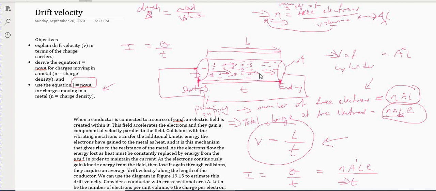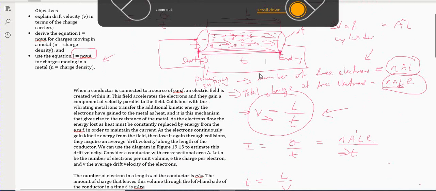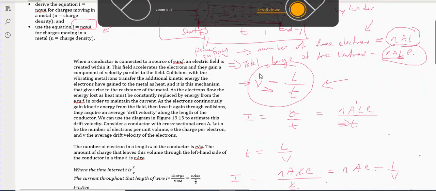So with that being said, we can go ahead and write this formula right here that says v, which stands for velocity, is equal to L, which is the distance or the length, divided by the time that the electron took to move from one point to another. So that's how we would find the overall velocity of the electron as it moves through the conductor, right? So with that being said, guys, remember we want to derive an equation, good, for I.